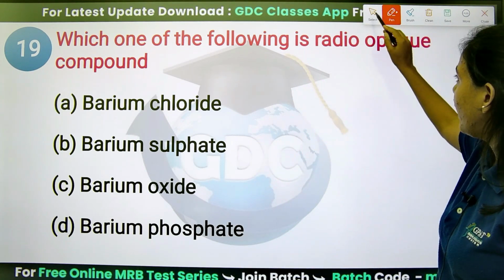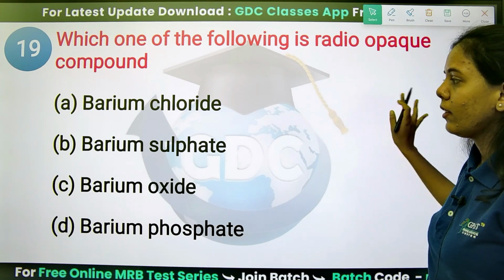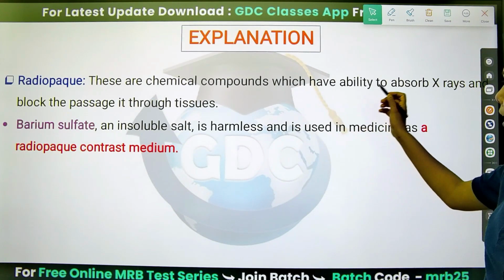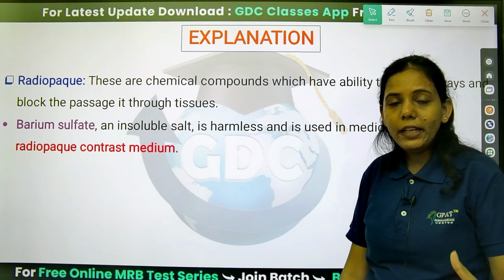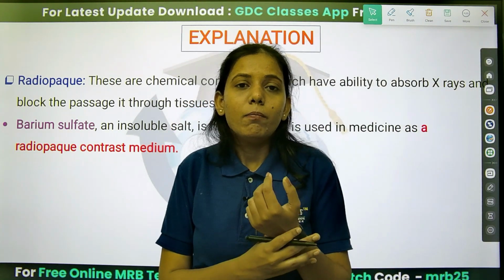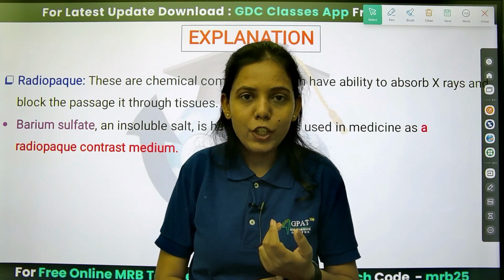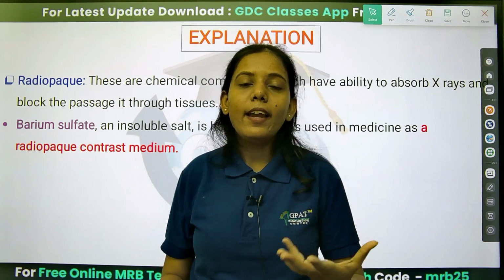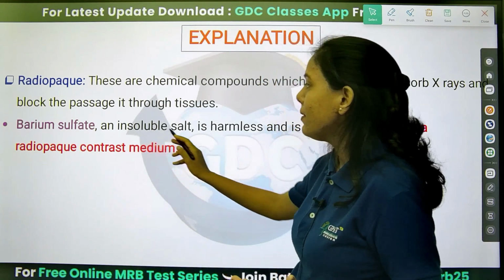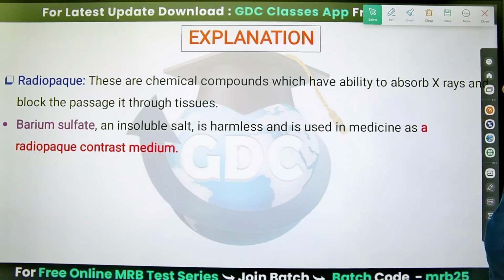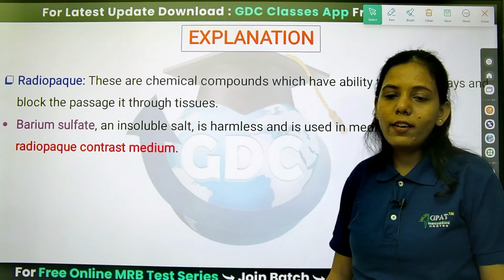Option B is the right answer. Radiopaque compounds have the ability to block the X-rays and stop them from going into the tissue, so whatever radiopaque material we use has to be harmless. Barium sulfate is an insoluble salt, it is harmless and used in medicine as a radiopaque contrast medium.